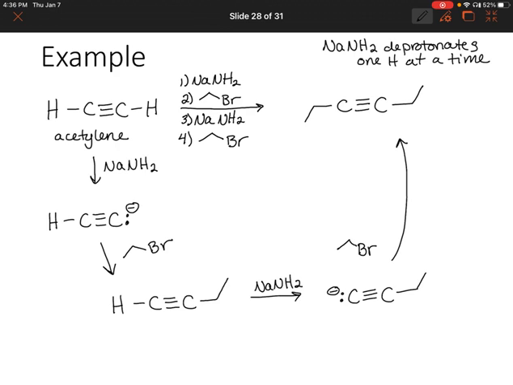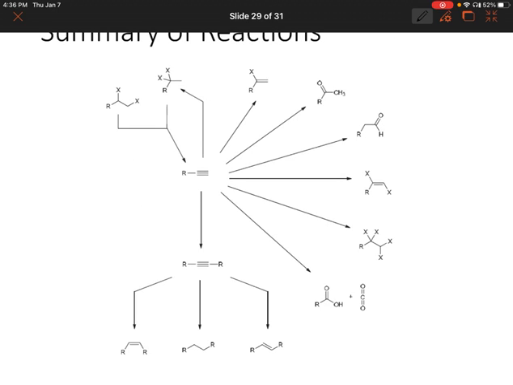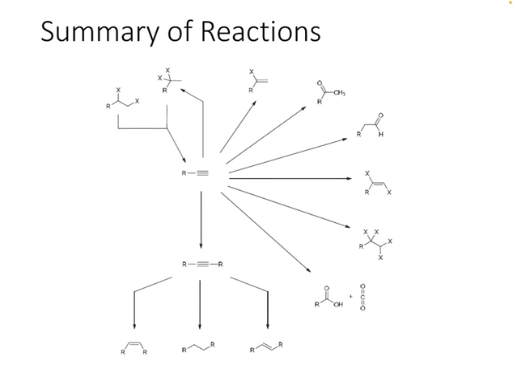All right, so let's look at a summary of all of the reactions from this chapter. I believe that there's a similar reaction map in your textbook at the end of the chapter.